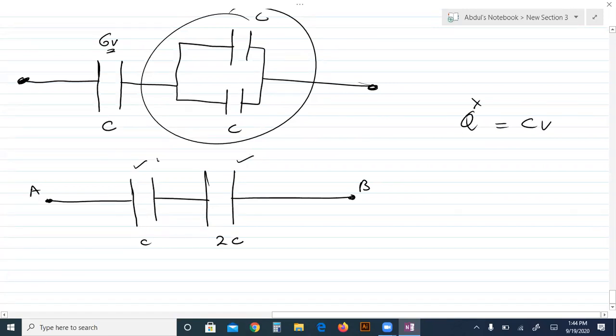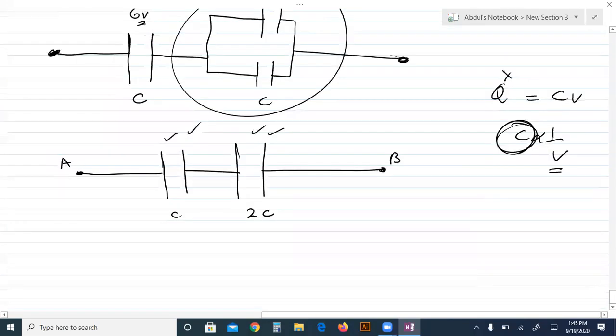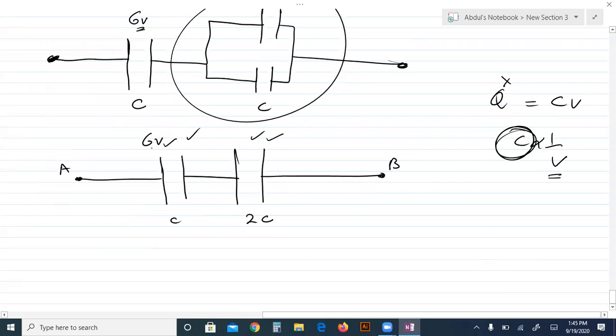When the charge is constant on both, C is inversely proportional to V. A capacitor with large capacitance will get the smaller potential. Its maximum safe voltage is 6, but this capacitance is double, so its maximum safe voltage will be half, 3. So the total safe voltage between A and B is 6 plus 3, 9 volts. So this 9 volts is the maximum safe voltage.